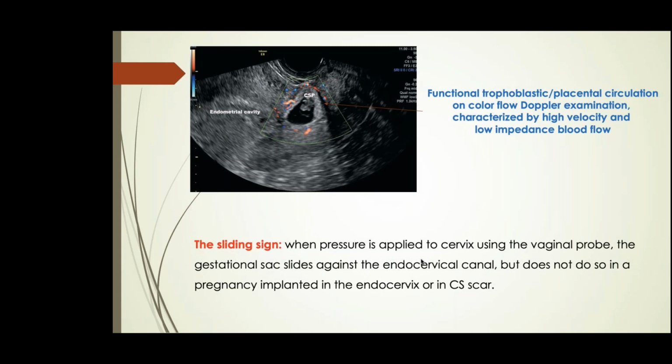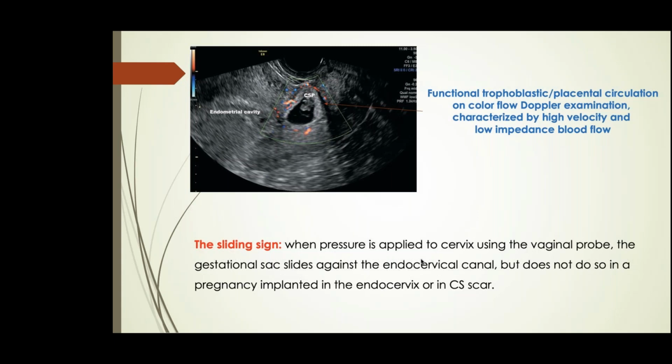So if the sac is implanted within the cesarean section scar or in the cervical canal, the sliding sign is negative, as well as in cervical pregnancy. If the gestational sac does not slide with pushing of the vaginal probe, this means it is fixed to a place, which is either the cervical canal or the cesarean scar.